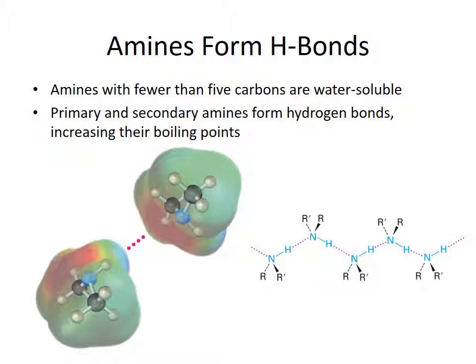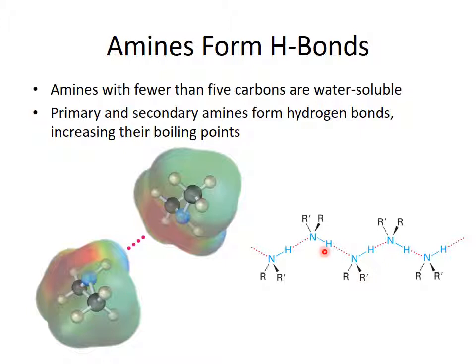If you have less than 5 carbons, the amine can hydrogen bond with water, and so it has water solubility. Primary and secondary amines can form hydrogen bonds with each other, as is shown here on the right. Tertiary amines do not have a hydrogen attached to the nitrogen.